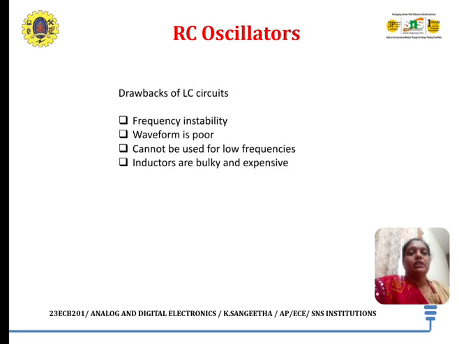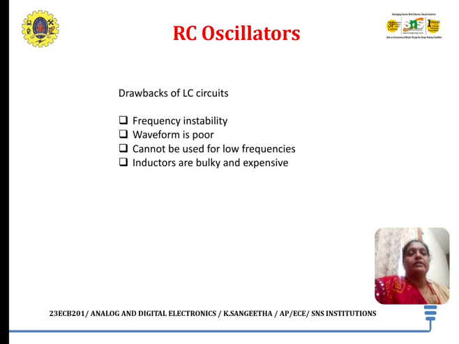And why do we need RC oscillator instead of LC oscillator? Yes, there are some drawbacks in LC oscillator. The first main drawback is frequency instability, and the bulk size of the inductor is another reason.